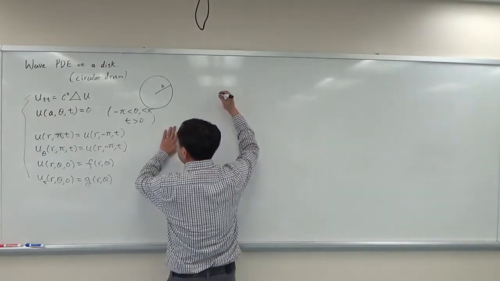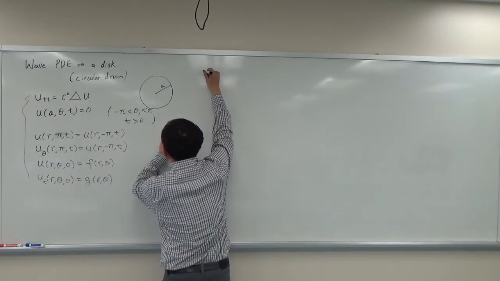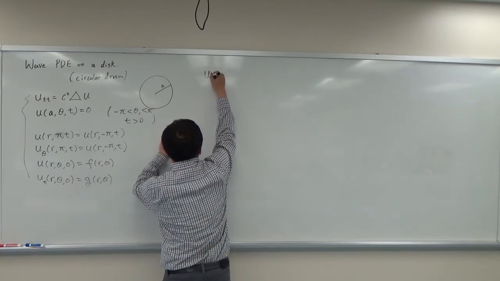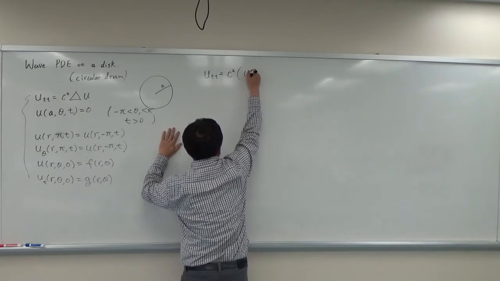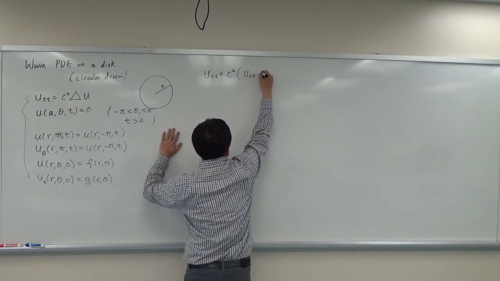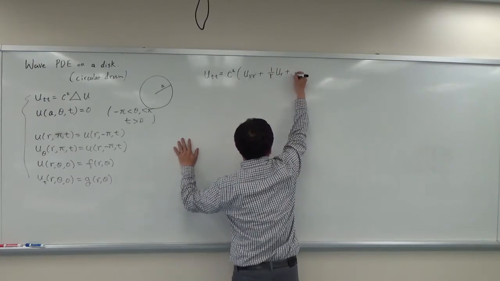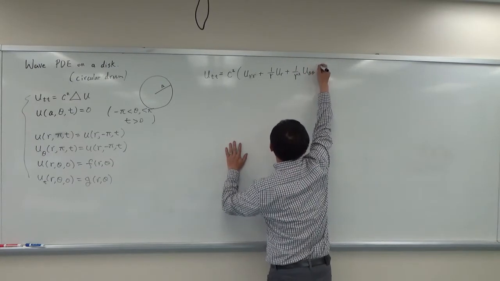All right, so let's try to do it by first writing down the Laplacian of u in polar coordinates. So u_t equals c squared times u_rr plus 1 over r u_r plus 1 over r squared u_theta theta.